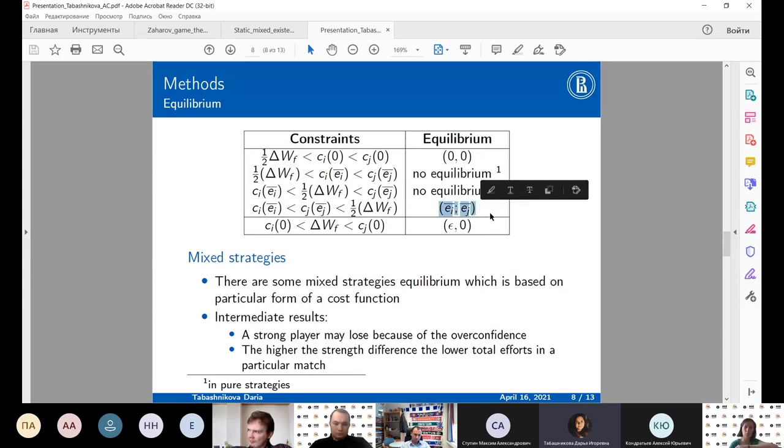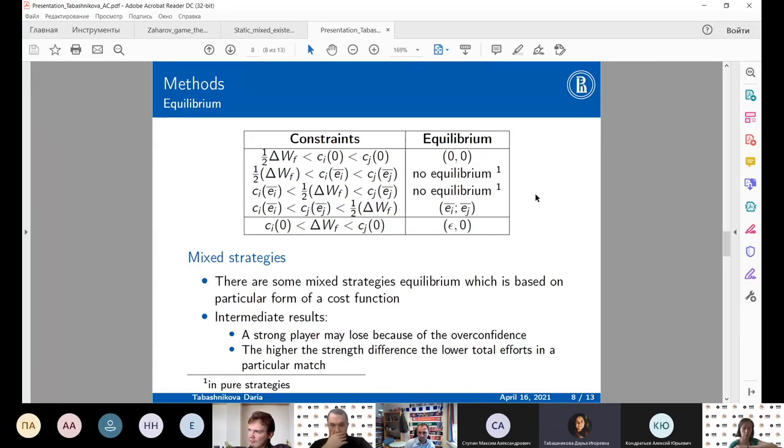But we have something in the middle, when players play mixed strategies under some constraints on the cost functions and the difference in prizes.